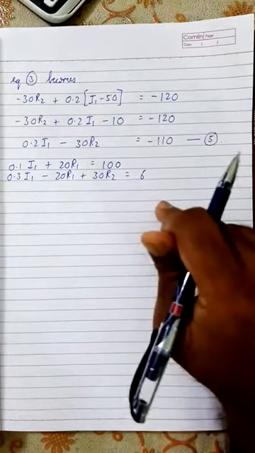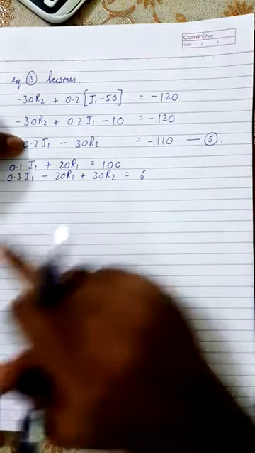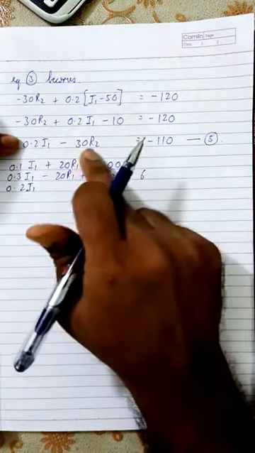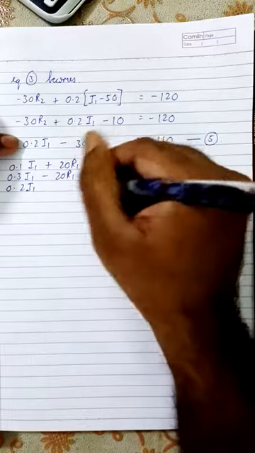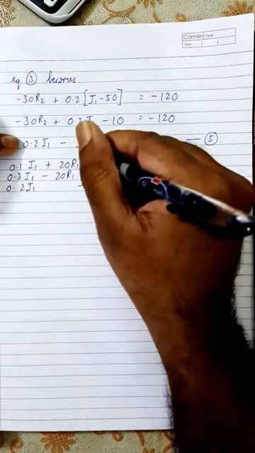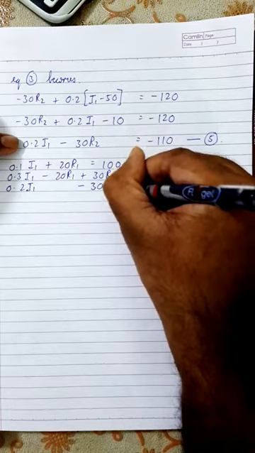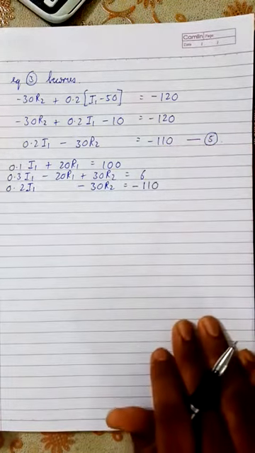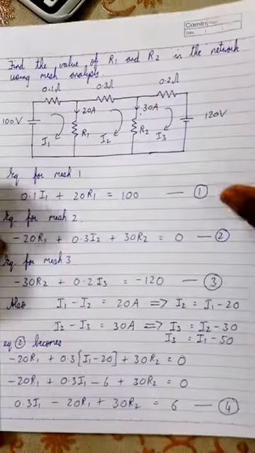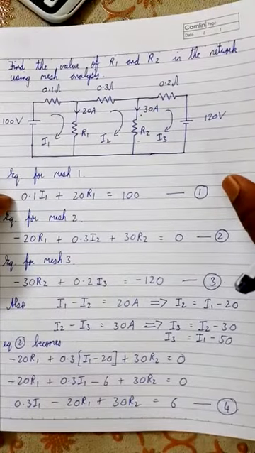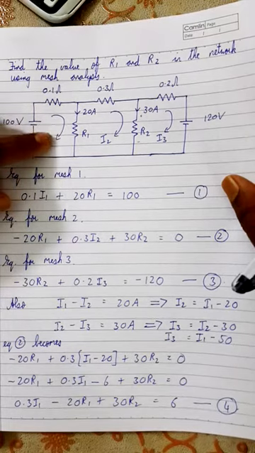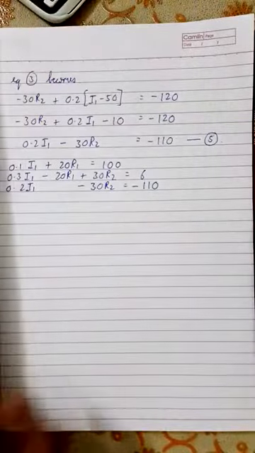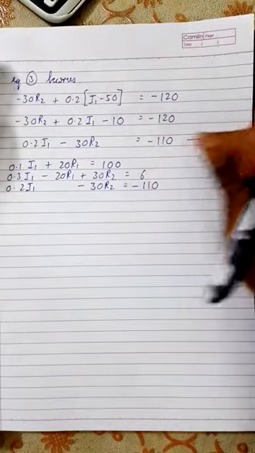This is the second equation, and the third equation is this one over here: 0.2 I1, and there is no R1, minus 30 R2 is equal to minus 110. There. Let me check if I have made any mistakes somewhere, since I am not that perfect. Okay, I hope I haven't made any mistake anywhere. So these are the three equations, right?